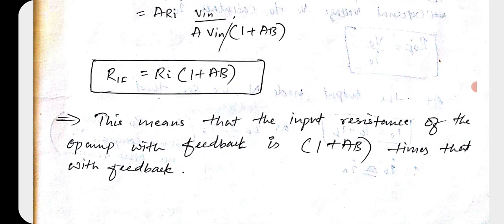So this sentence is very important. This means that the input resistance of op amp with feedback is 1 plus AB times that without feedback. Without feedback it's only Ri. With feedback it's going to become Ri into 1 plus AB. The gain is getting multiplied with resistance.